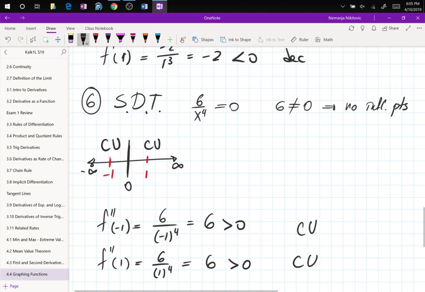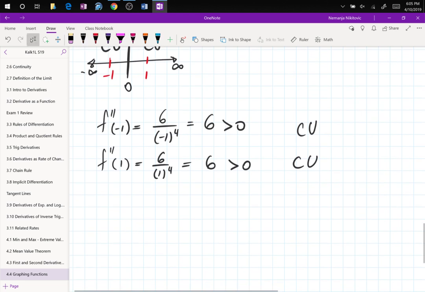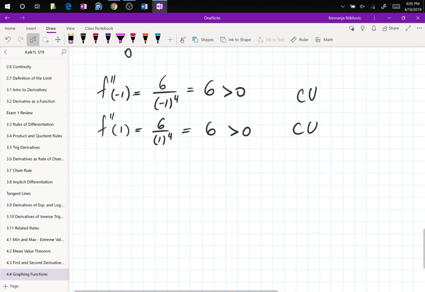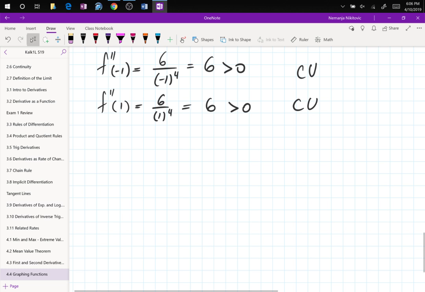So concave up, everywhere concave up. And you know what? I have enough information, I hope. Remember, I am always allowed to calculate additional points if I need to. So let's draw the graph.